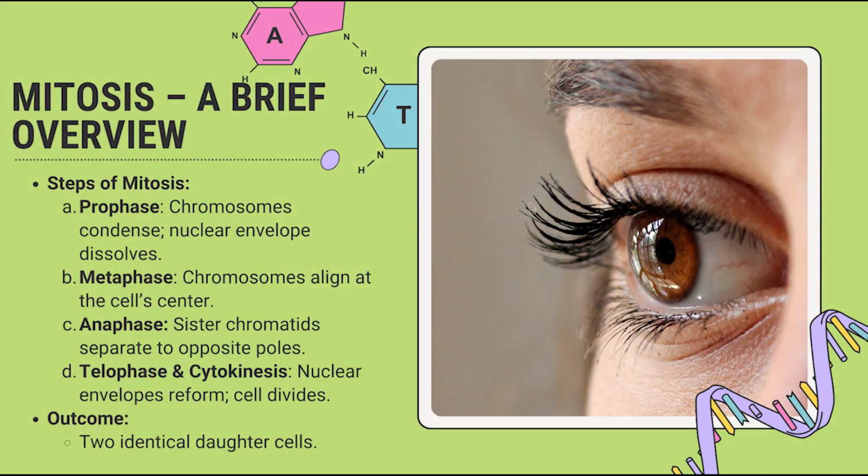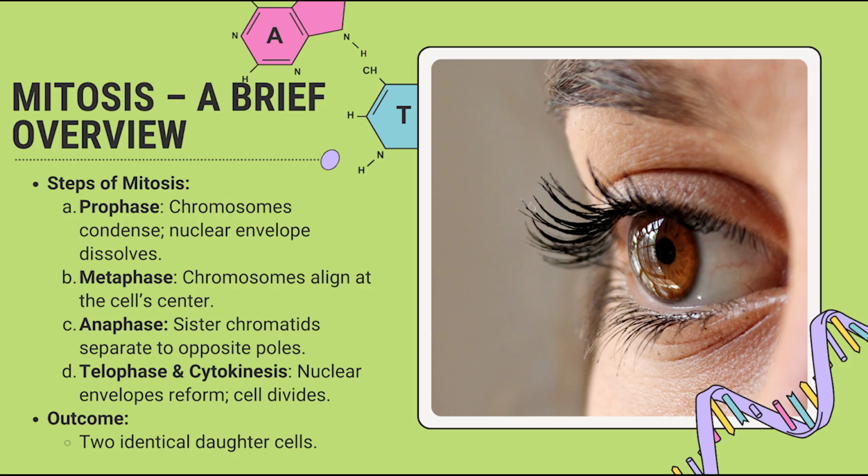Here we have a detailed look at mitosis. In mitosis, a single cell divides to form two identical daughter cells. This process includes prophase, where chromosomes condense and the nuclear envelope dissolves. During metaphase, chromosomes line up at the cell's center.